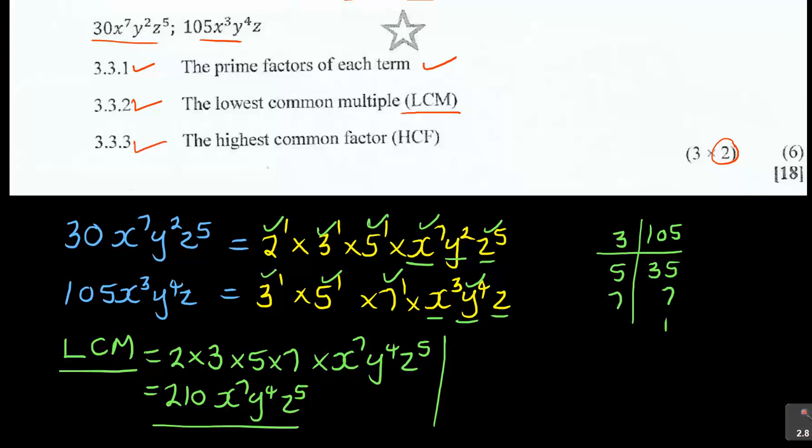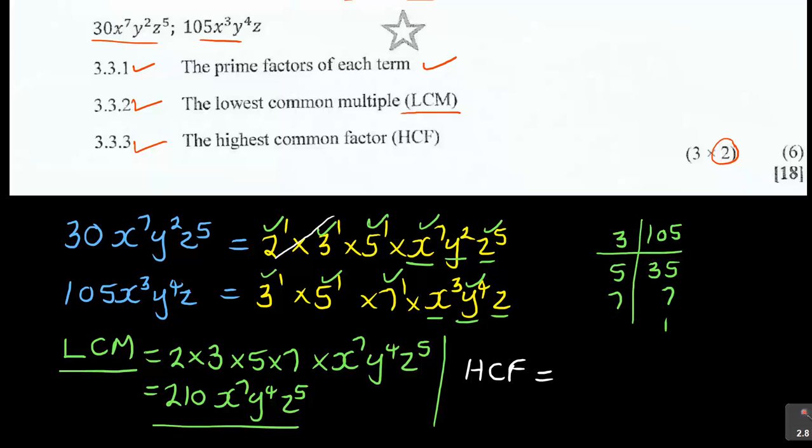Now the next one, 3.3.3 is the highest common factor. So here we are looking at HCF. Now for the highest common factor, you are looking at the number that is common in both of them, and you are taking the smallest powers. It's the opposite. The number must appear on both of them and it must be the smaller power.